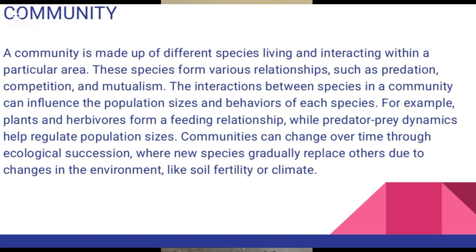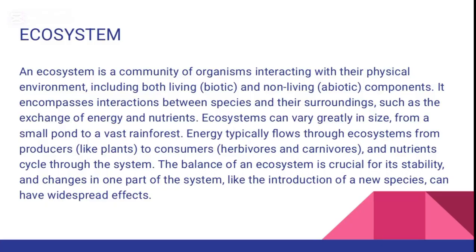And a community must be stable. A community has to have enough resources to go around. If not, it will collapse. And that will also lead to the collapse of ecosystems, which is the next part of our hierarchy of organization. So the ecosystem is a group of multiple communities.